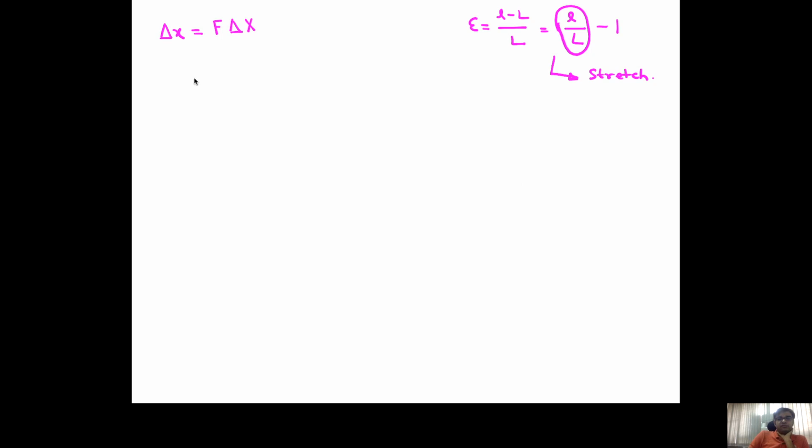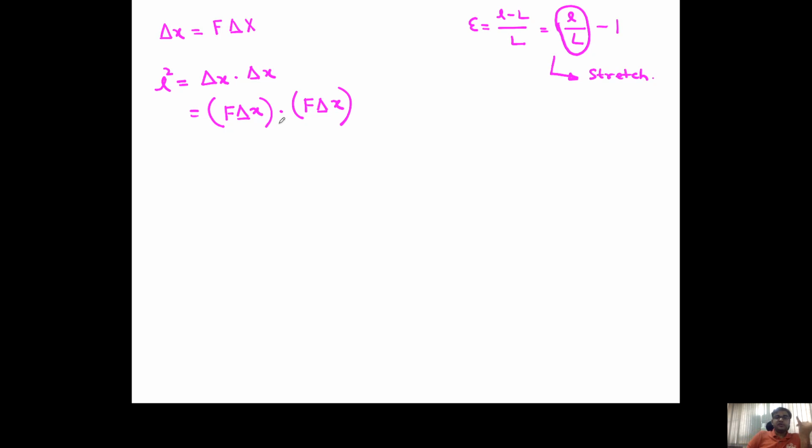So suppose I want to find out my final length. So final length square is little l square, which is actually del x dot del x. And then what we can do is, we can write it as F delta X dot F delta X, right?